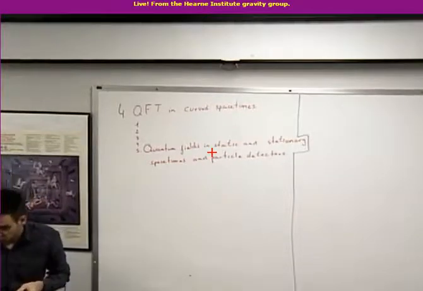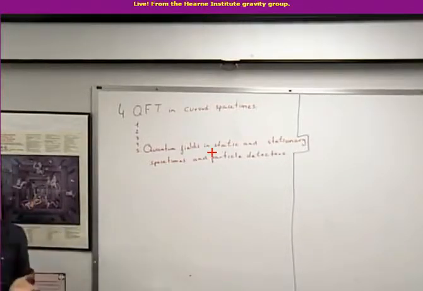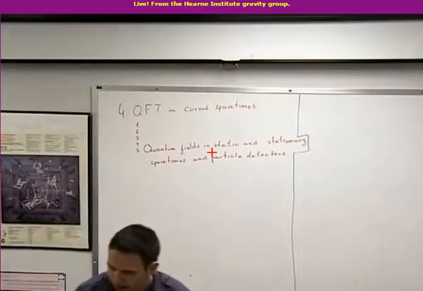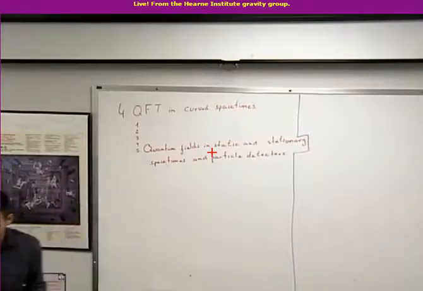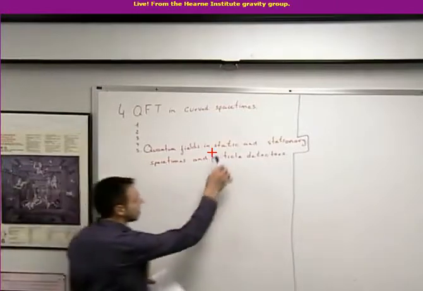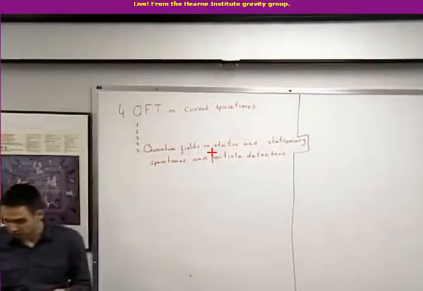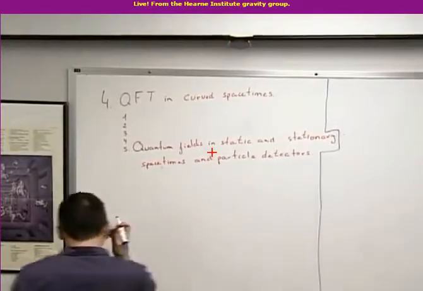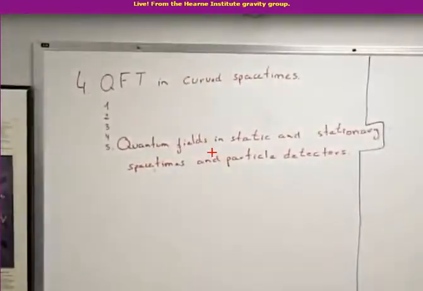I want to close this chapter by telling you in which circumstances we really do have a preferred representation. For arbitrary spacetimes, we don't have a preferred one. But there are some special spacetimes for which a preferred representation exists. They are what we call static and stationary spacetimes, which are close but not the same.